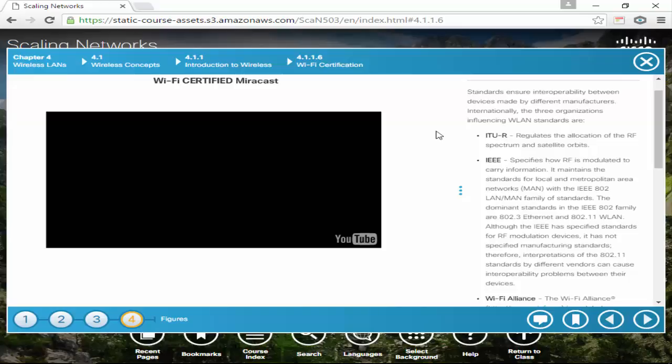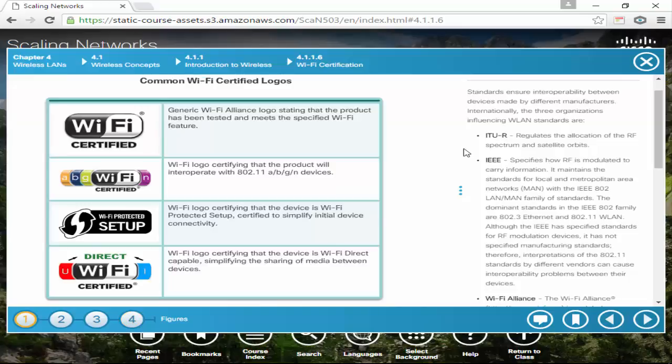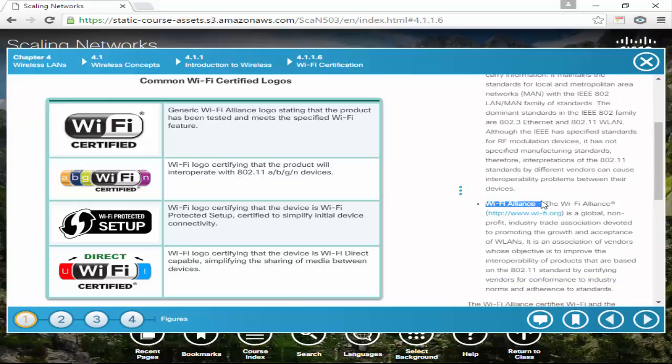Although the IEEE has specified standards for RF modulation, it has not specified manufacturing standards. Therefore, interpretations of 802.11 standards by different vendors can cause interoperability problems between their devices. But the Wi-Fi Alliance says, hey, no, we're going to be on these standards and it's going to work.